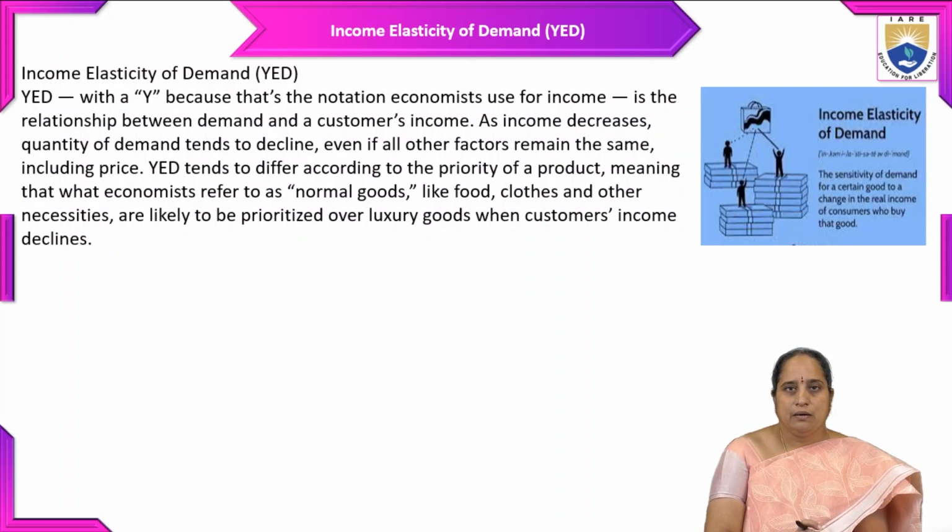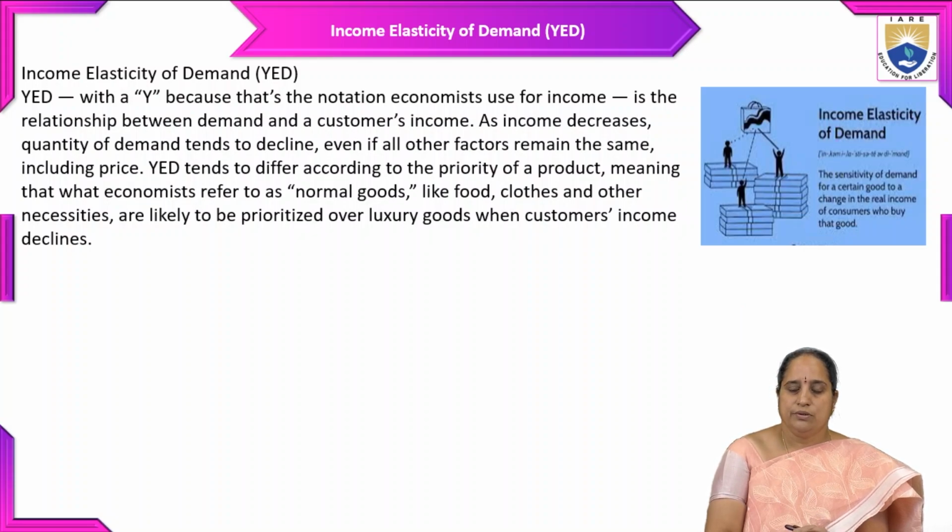The income elasticity of demand tends to differ according to the priority of a product, meaning what economists refer to as normal goods. So what type of good it is, whether it is a normal good or a luxury good. Normal goods like basic amenities such as food, clothing and other necessities are likely to be prioritized over luxury goods when customers' income declines.